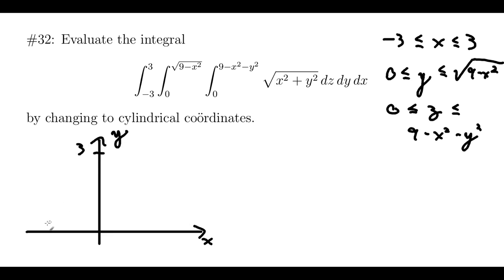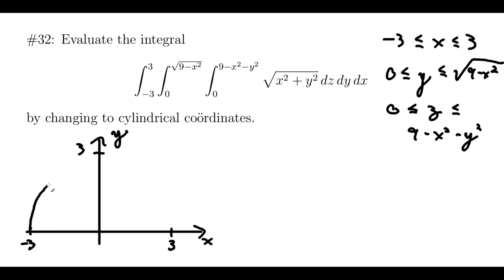So let's call this 3, -3, 3. x goes from -3 to 3. y is bounded below by 0, so the x-axis, and it's bounded above by the square root of 9 minus x squared. Hopefully you can recognize that this is going to be the top half of a circle with radius 3. If not, of course, write y equals the square root of that, square, and rearrange. You'll get x squared plus y squared equals 9.